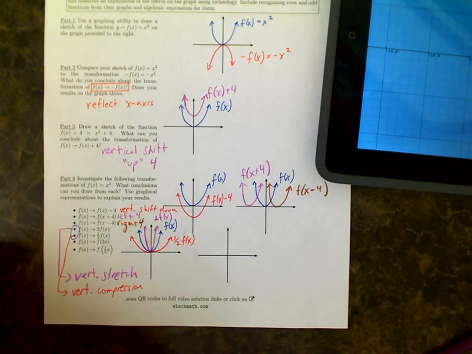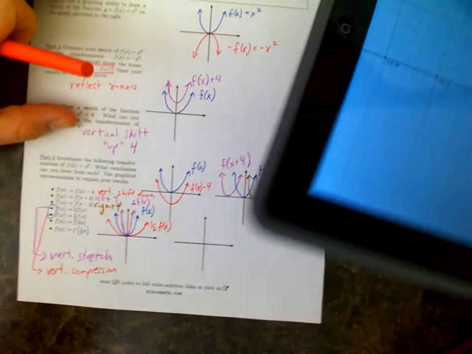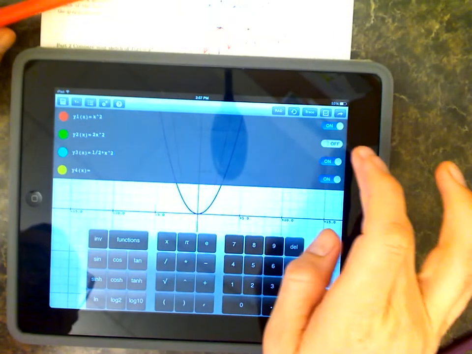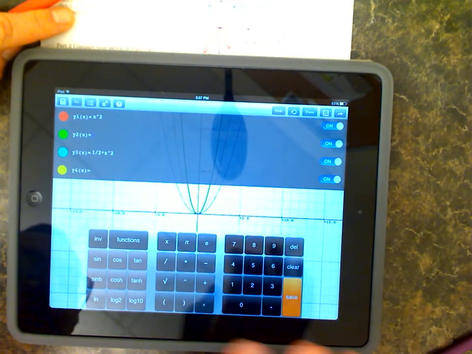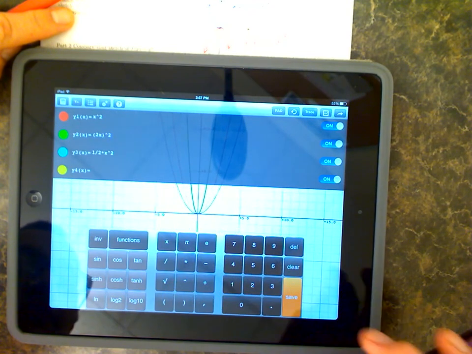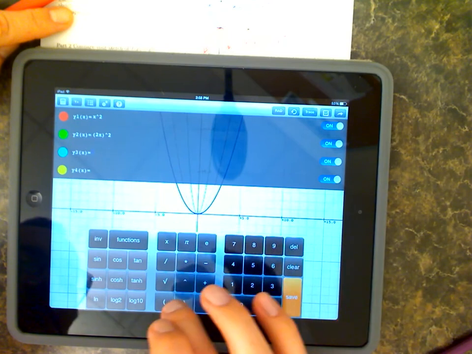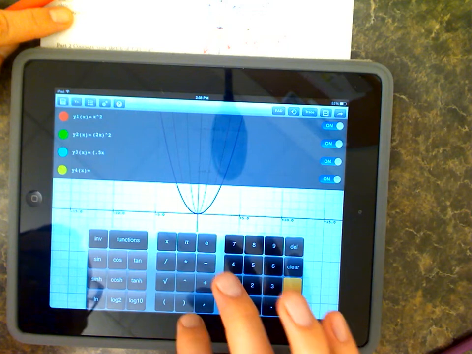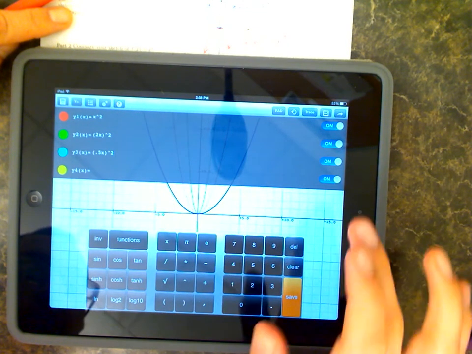The last ones I want to compare are f of 2x and f of 1/2 x. For f of 2x, this time the 2x is in the parentheses, so I do 2x, then close parentheses squared, and the other one is 1/2 x, I'm using 0.5, but it doesn't really matter, you can use 1/2, in parentheses squared.